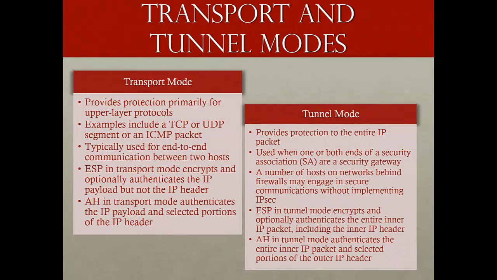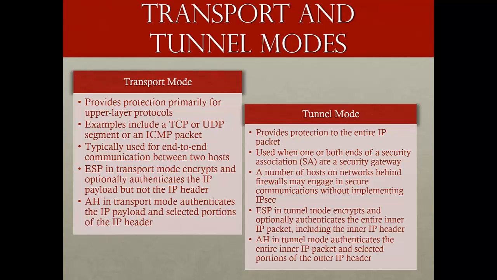You need to understand transport and tunnel modes. Now both AH and ESP support two modes of use: transport and tunnel mode. The operation of these two modes is best understood in the context of a description of ESP, and here we have an overview. Transport mode provides protection primarily for upper layer protocols.